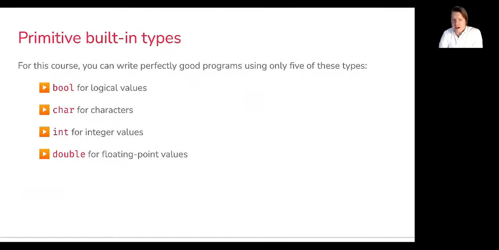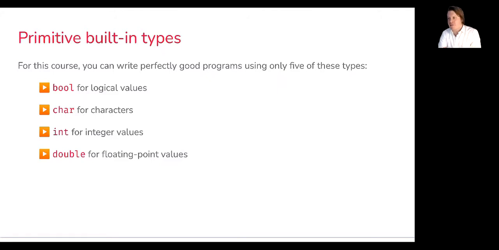Bool for logical values, char for characters, int for integer values, and double for floating point values. I will get into some of the different flavors of, say, the integer values and the floating point values, but for all intents and purposes, unless there's a reason to use something else for the reasons mentioned on the previous slide, you'll be good using those.